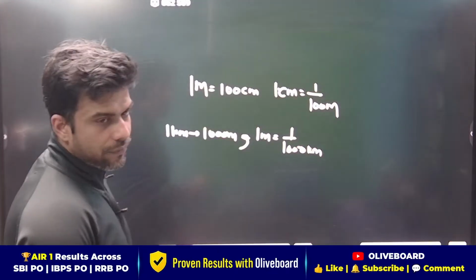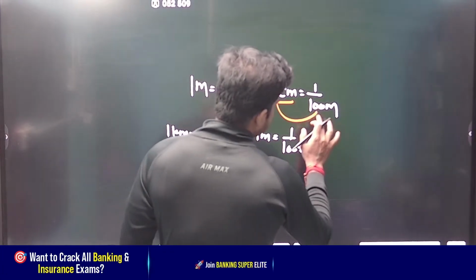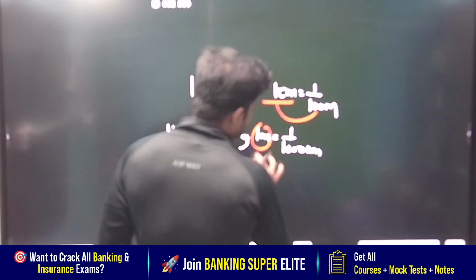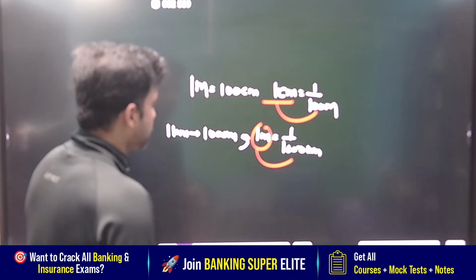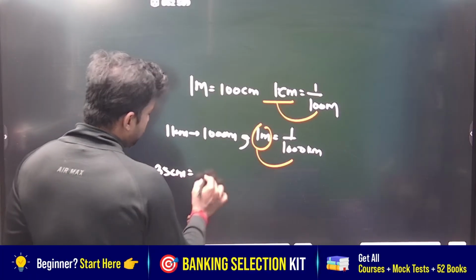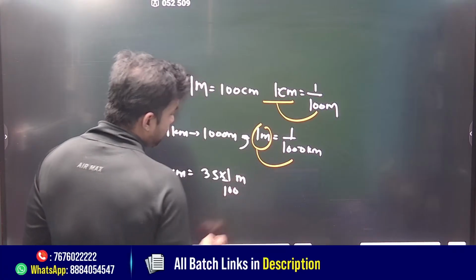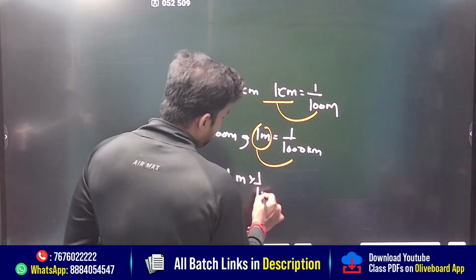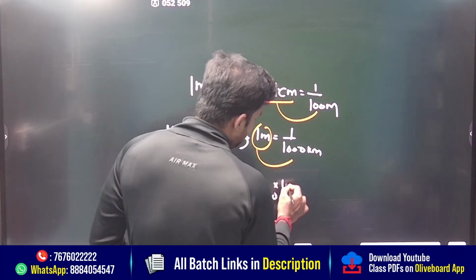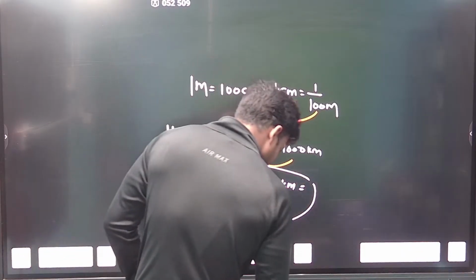So first of all, centimeter should be converted into meter, and then meter should be converted into kilometers. If I have 35 centimeter, then 35 multiplied by 1 by 100 gives me meter, then multiplied by 1 by 1000 will give me kilometers. This I have done in the last question.